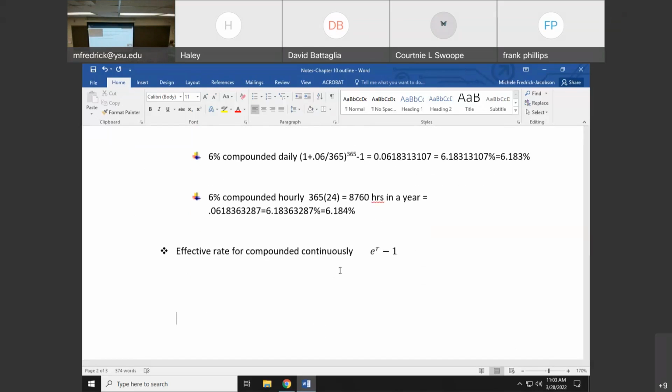So if we were doing it for the 6%, it would be e to the 0.06 and the minus 1 is not in the exponent. And again, it will be close to what we have, but a little bit larger.